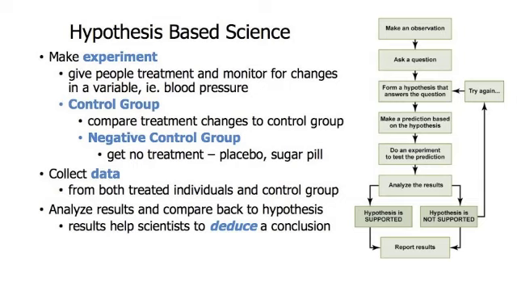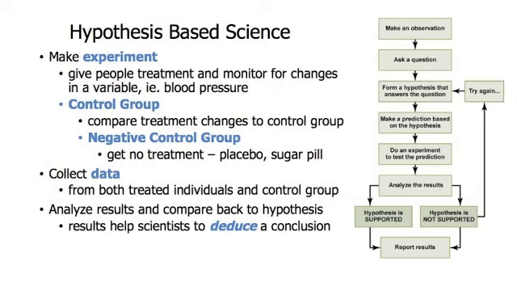So these experiments will often have what we call a control group. A control is a part of the experiment that does not change. A control is a point of comparison to which other test results are compared. So this slide is really just illustrating for you a controlled experiment.